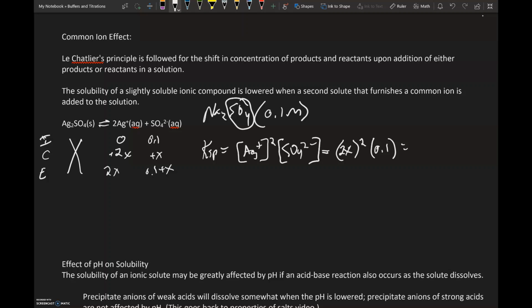So, alright, silver sulfate is 1.20 times 10 to the negative 5. So we go through and calculate it. So we divide this out by 0.1.